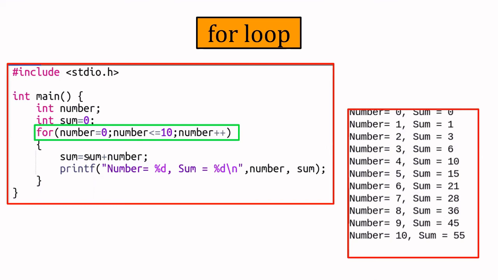Sum is 0, so 0 plus 0 equals 0. Then print the number and the sum. If we want to print two numbers, we put number comma sum, first variable comma second variable, and specify them here in whatever place we want.